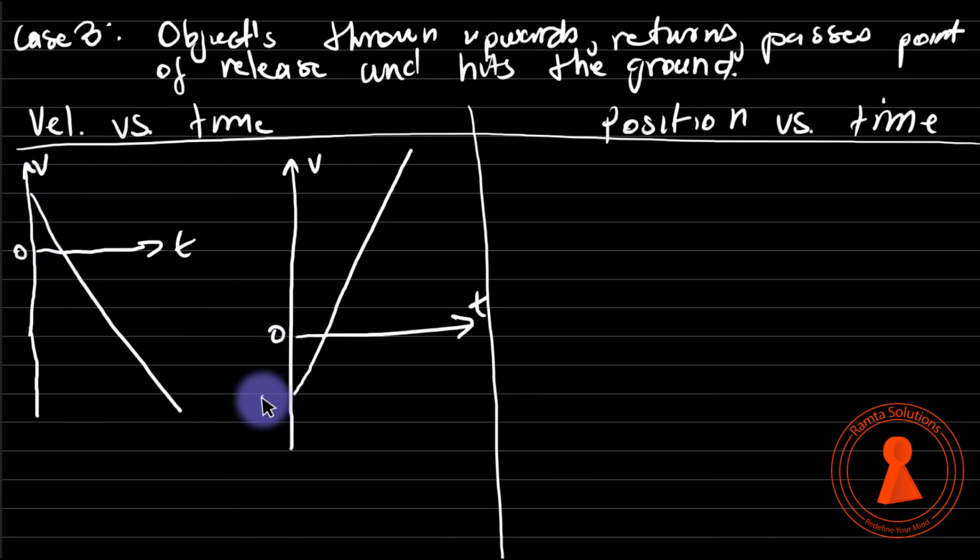So this is your initial velocity, which is the velocity with which the object was thrown.